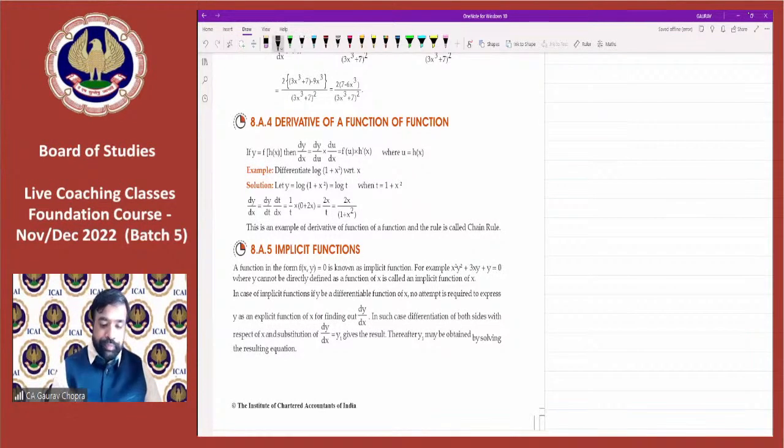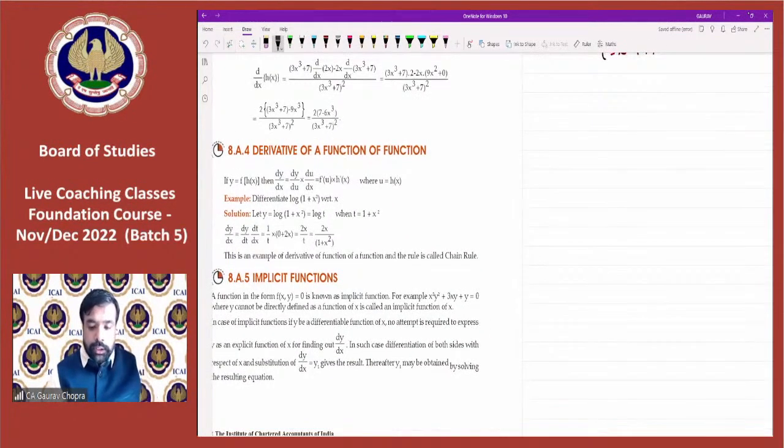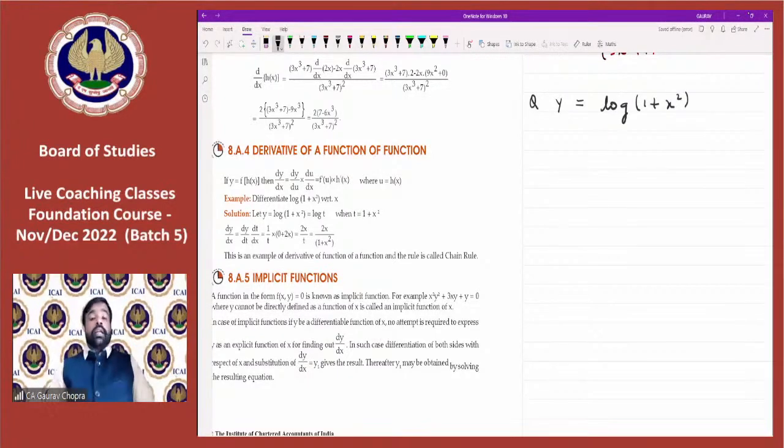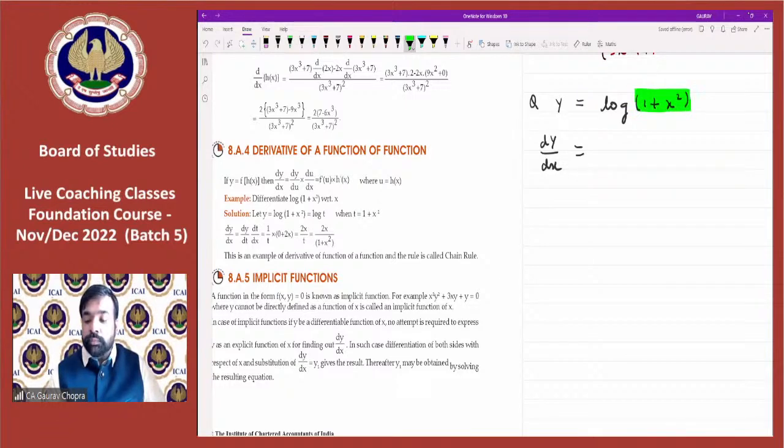Let's say the function is y equal to log of 1 plus x square. Now we have learned that the derivative of log x is simply 1 by x. So we will write here dy by dx is equal to.